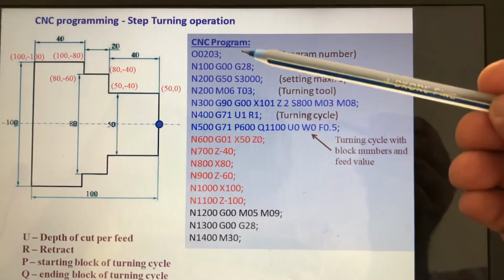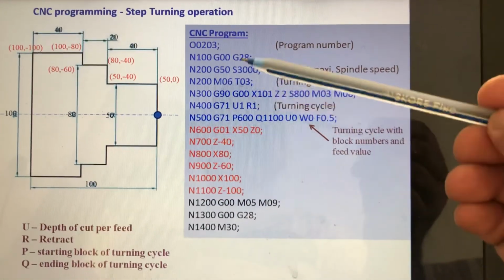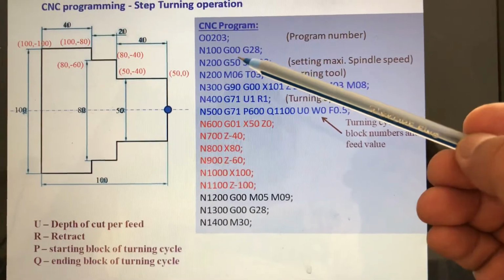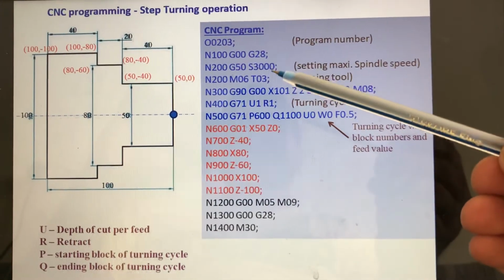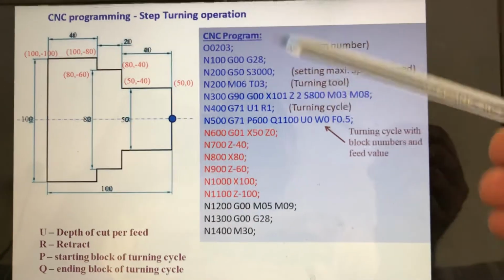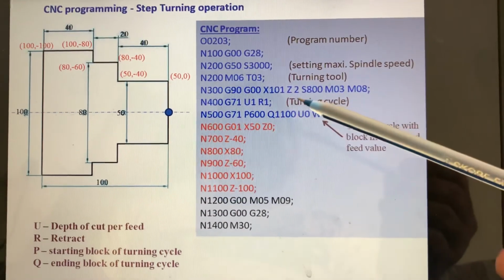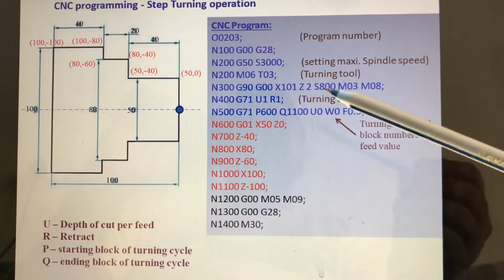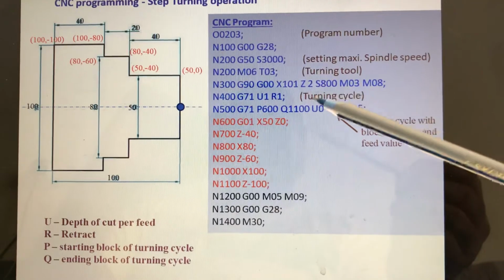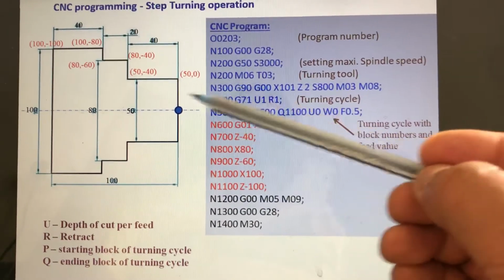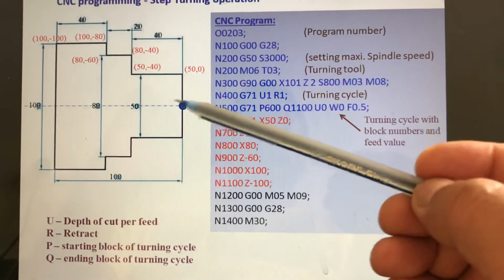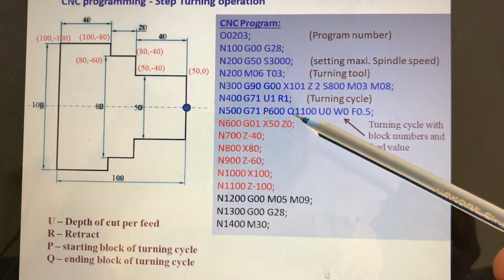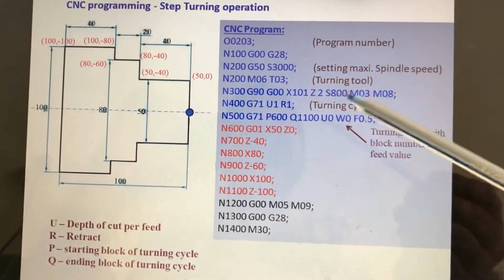After getting the values, you give the initial setting. Here two more initial settings are there. First, set the maximum spindle speed using the code G50, and set the spindle speed as 3000, 4000, whatever. Then again choose the spindle speed you need when you use the G90, G00 block. You can use spindle speed 800. Then this is a turning cycle of turning operations. For that you use the command G71 with depth of cut U1 and retract value R1.